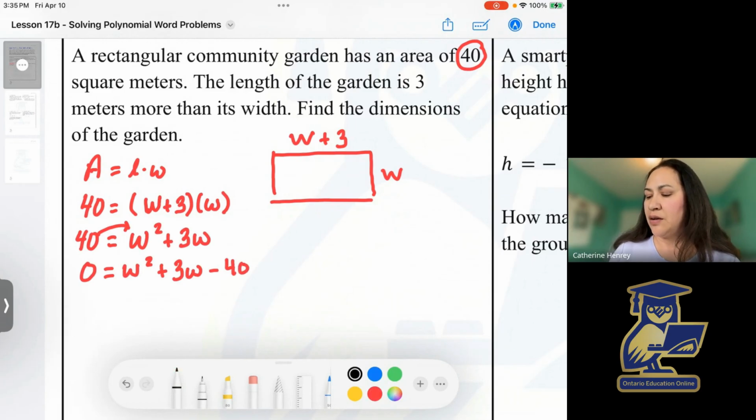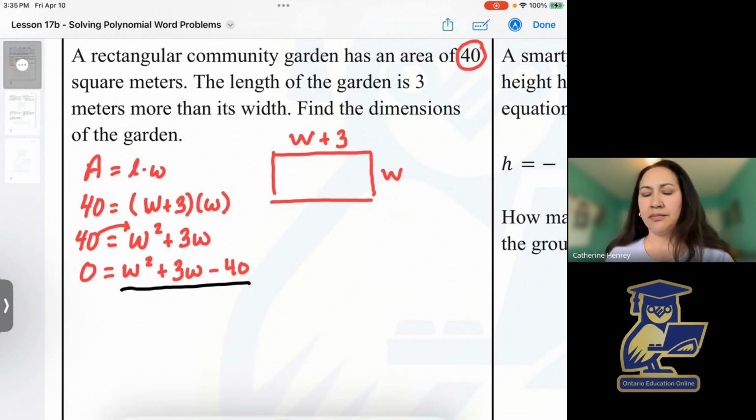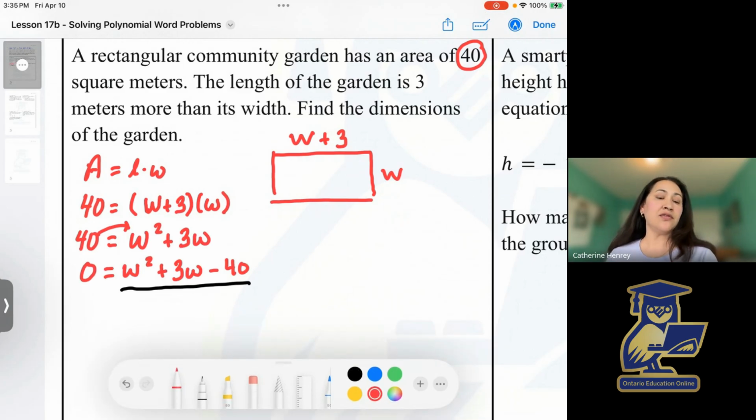And what we have here is a quadratic that we can factor. It's up to us now to find two numbers that multiply to give you negative 40 and add to give you positive 3. On the side, we can start to think of some of our factors. It needs to be a negative 40, so we have to think of the positives and the negative situations. Let's start with 2 and negative 20.